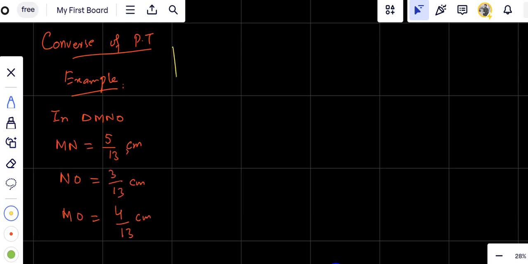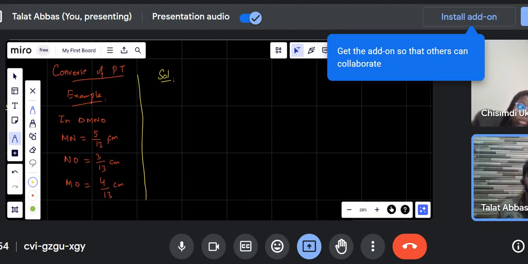Here we have to deal with fractions. Can you please tell me which side is the hypotenuse here? MN. How did you know? Yes, 5 over 13 is the biggest side.